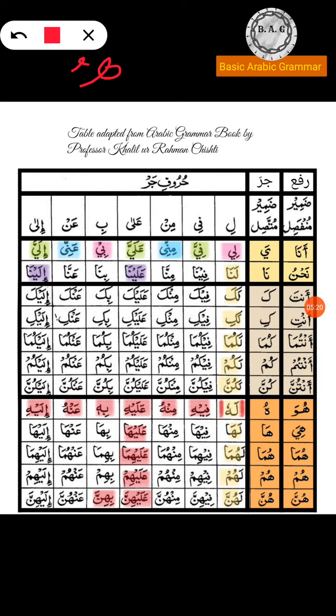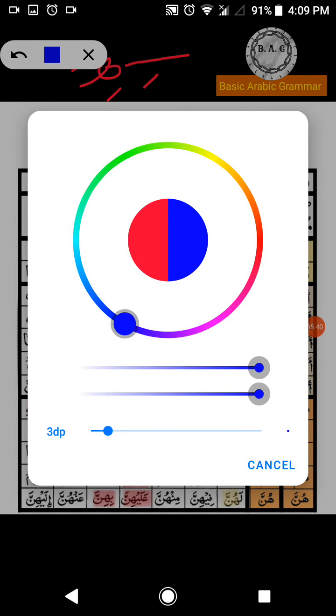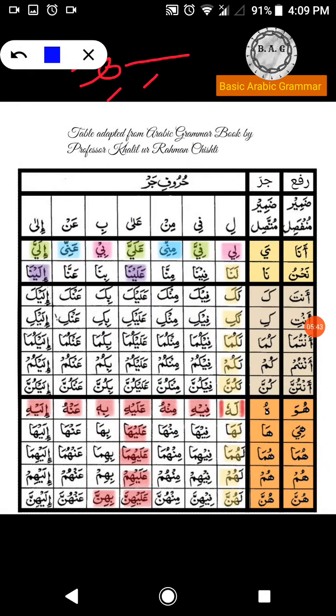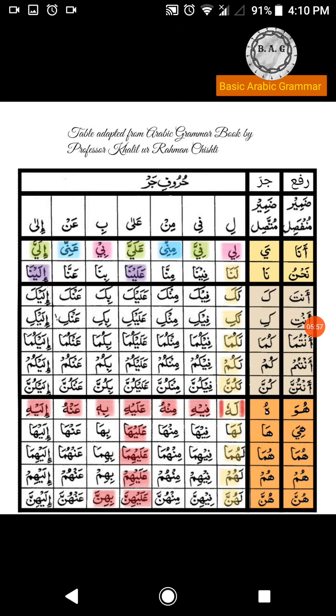It could either carry this or this, and the condition is that it's either going to carry a kasra, and the second condition is that it's going to carry a sukoon with the preceding letter carrying a fatha. So either it's going to be the sound of I, or it's going to be the sound of E, then it's going to carry a kasra. Let's observe it here.